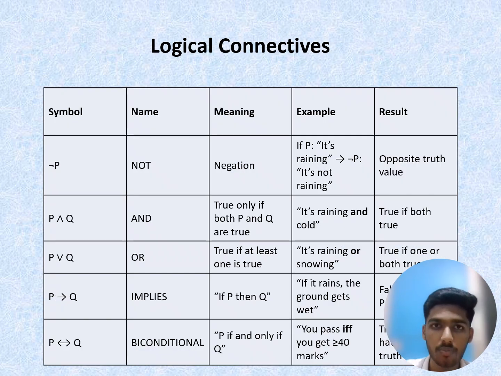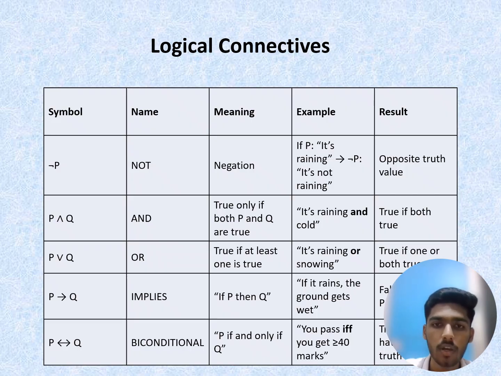Let's see propositional logic components and connectives. How do we use these simple statements? We combine them using logical connectives. This table shows the 5 most important ones. You already know most of these from daily life. The first one is AND, which is true only if both statements are true. It is raining and it is cold.